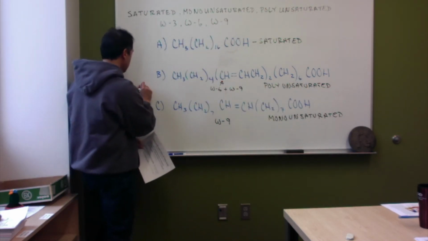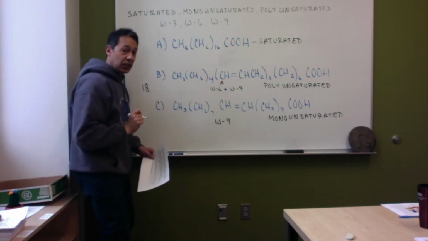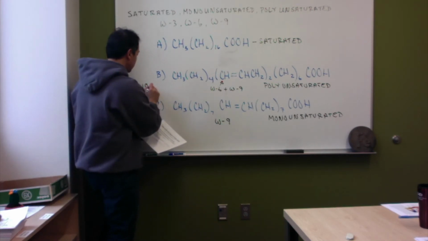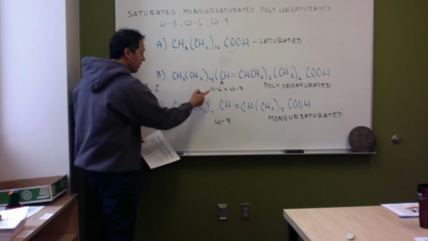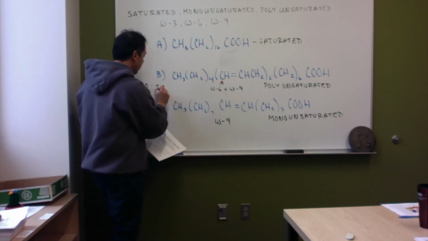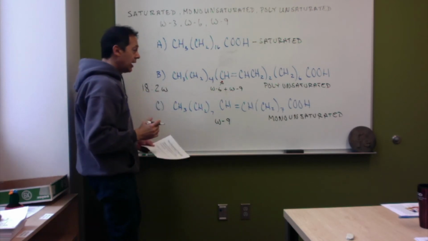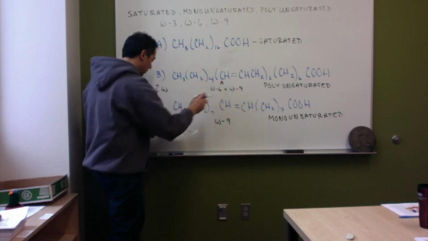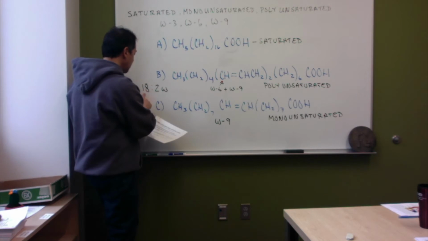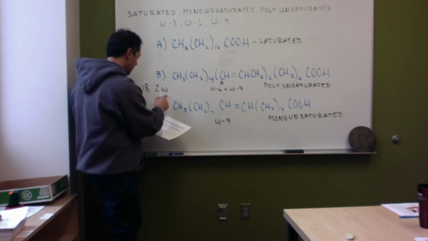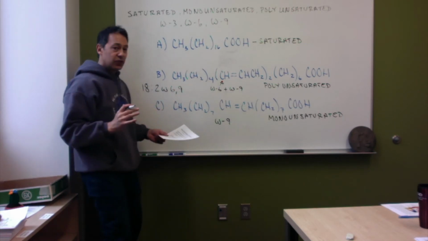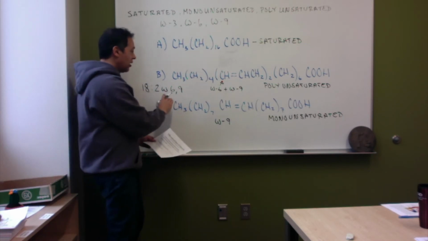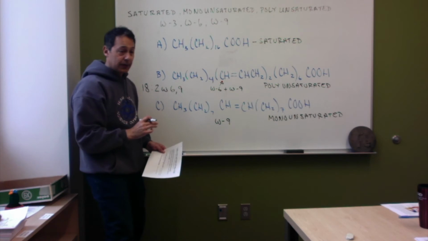And then we're going to say that we have 2 omegas, 2 double bonds, and they are off of the 6th and the 9th carbon. So it becomes 18, 2, omega 6 and 9. This is the shorthand for this particular fatty acid.